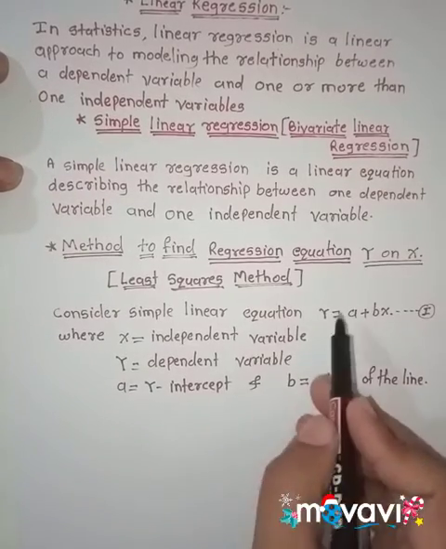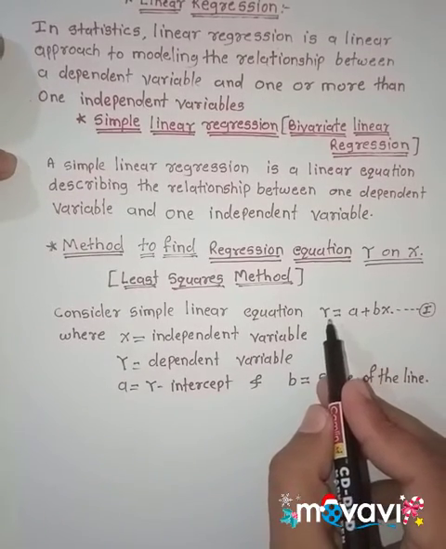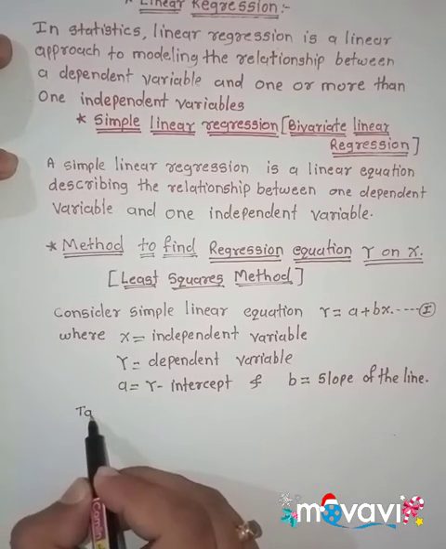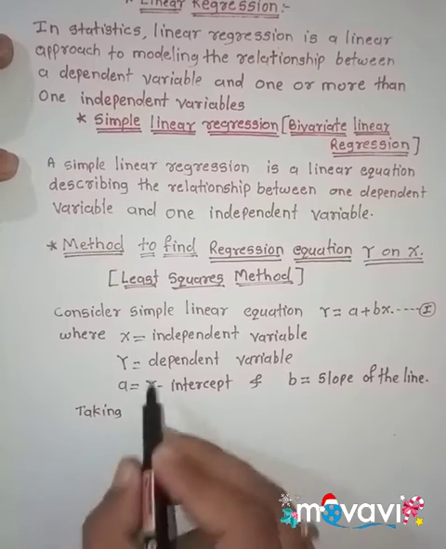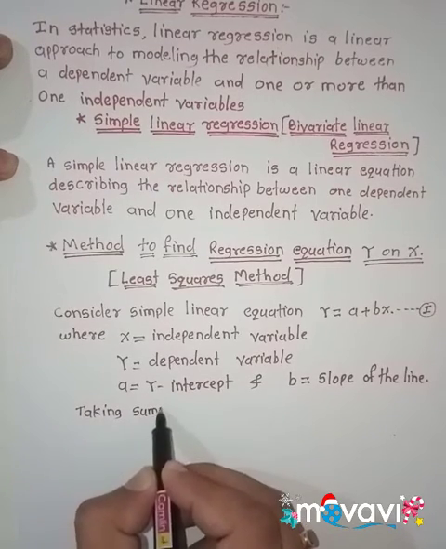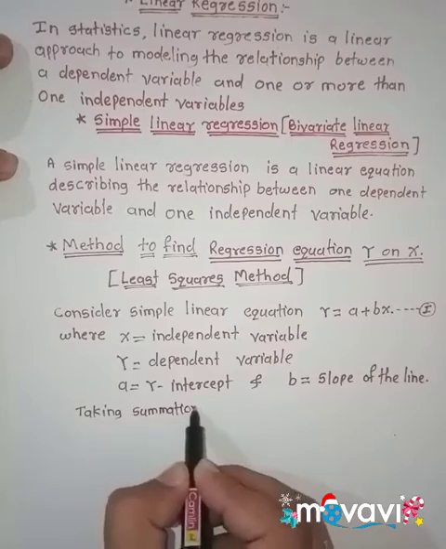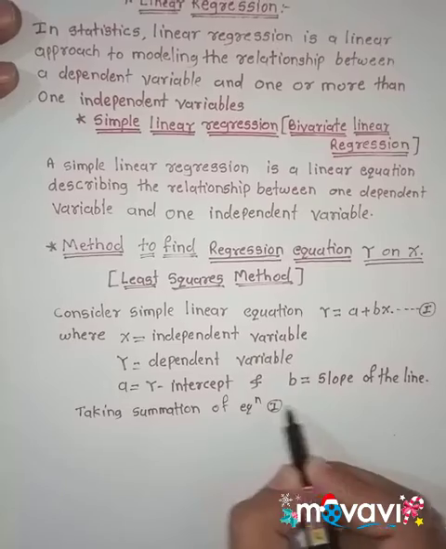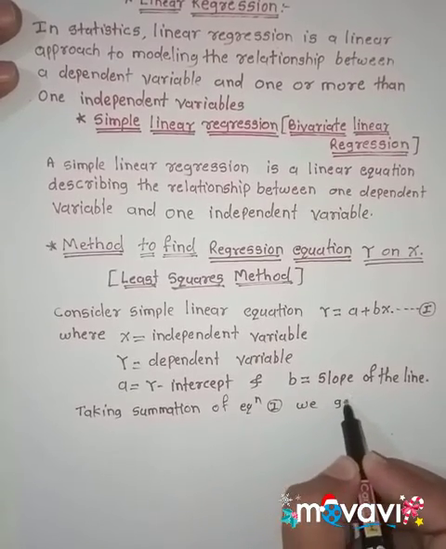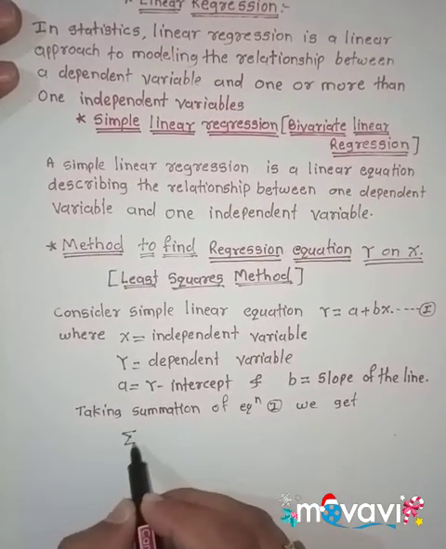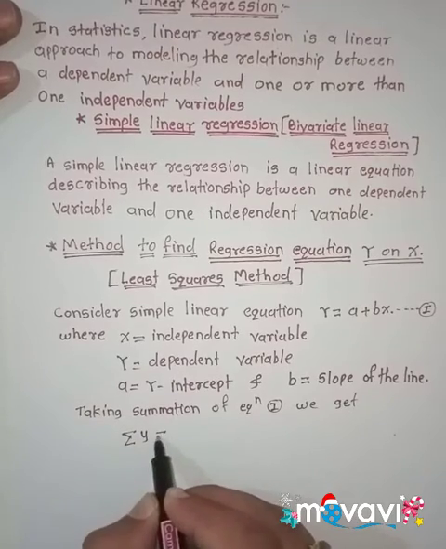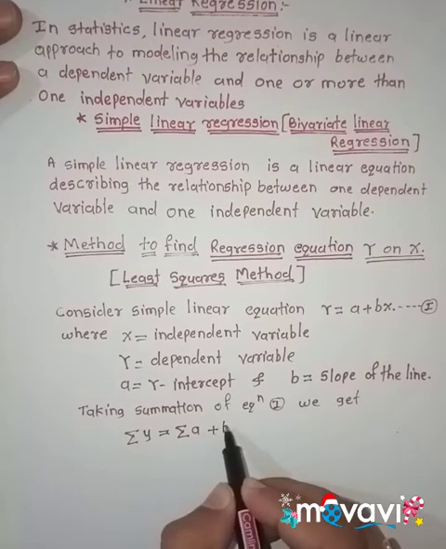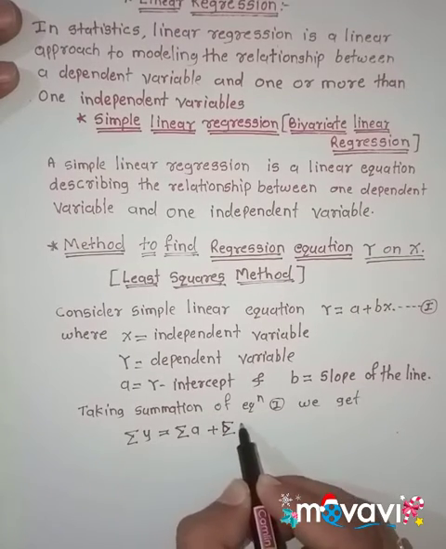Then first we take the summation of equation 1. Taking summation of equation 1, we get summation y is equal to summation a plus summation bx.